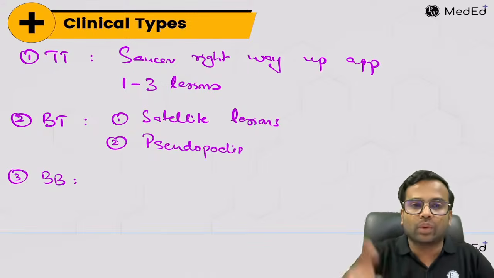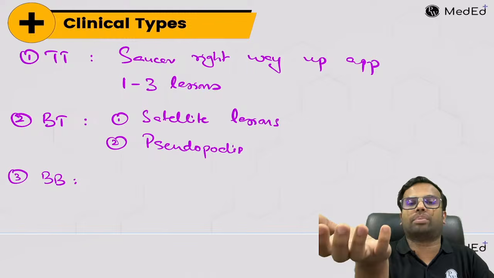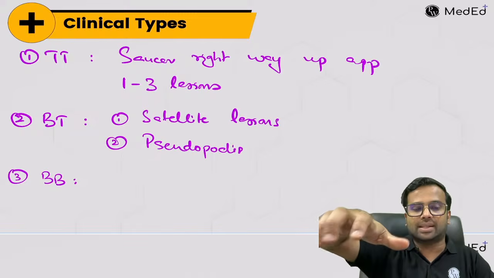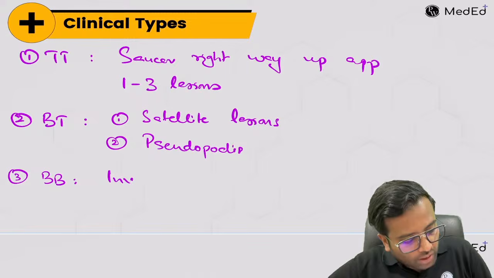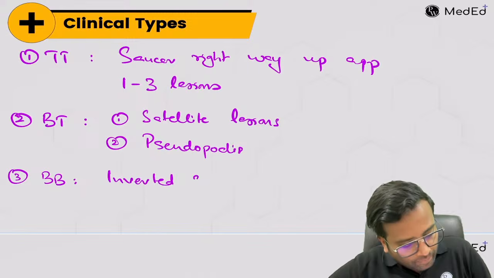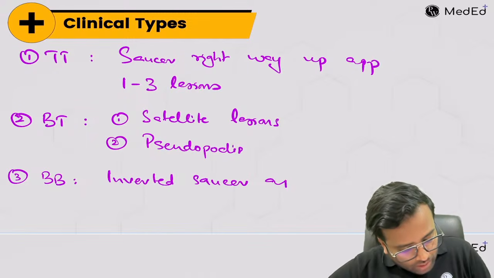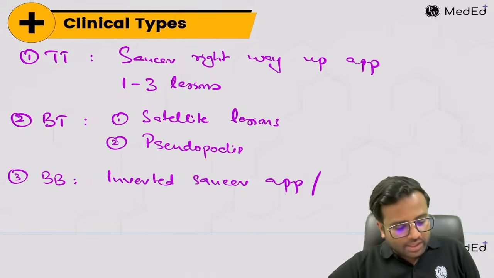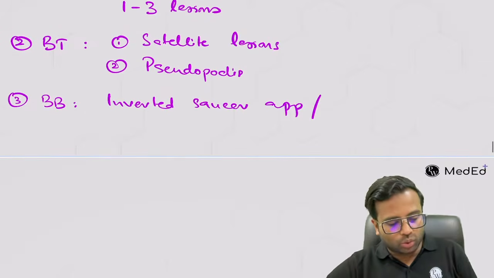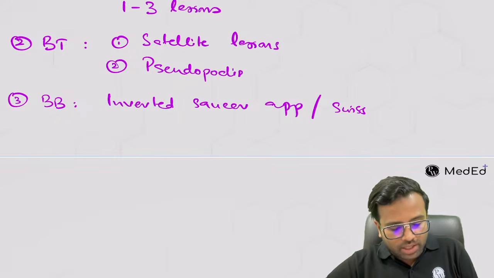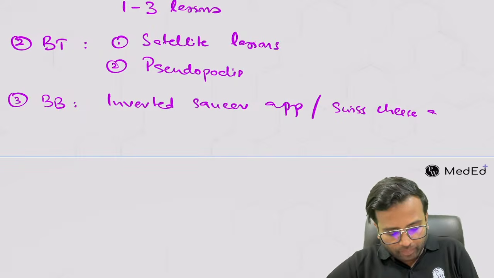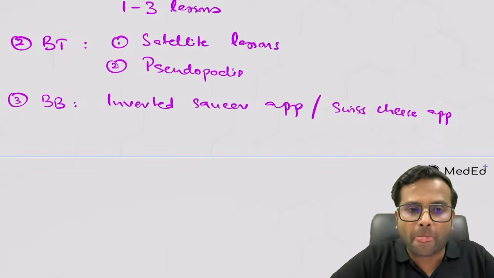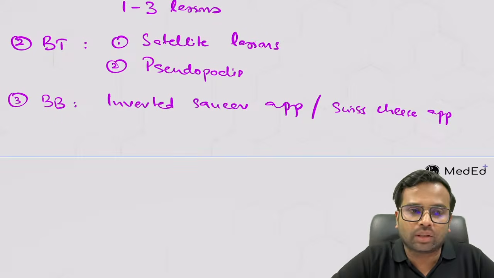In TT, it was saucer right way up appearance, right? So in BB, what happens? It becomes like this. That is inverted saucer appearance, which in some textbooks is compared to a Swiss cheese appearance. Fine.